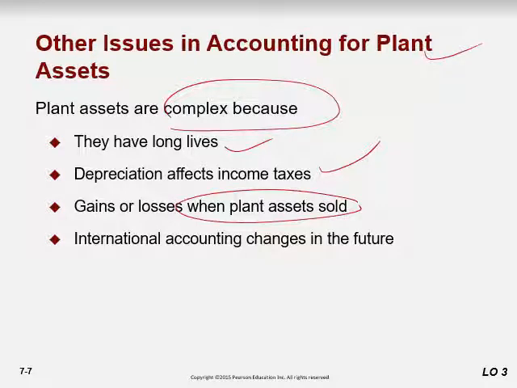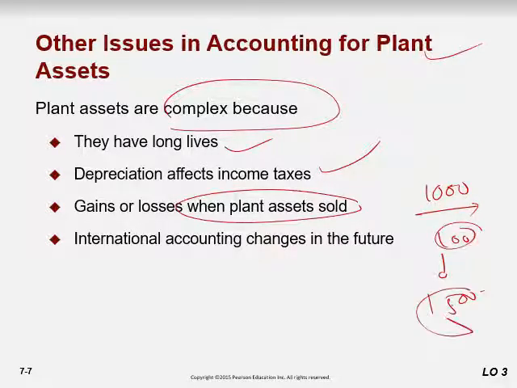We hope that it will be sold after 5 years for 1000, turned out it is sold only for $100, or it is sold for 1500. Then how are we going to treat that one, right? And what happens if we change the accounting standards or accounting methods for depreciation in future, right? Then all these issues also impact our depreciation expense and also profit as well.